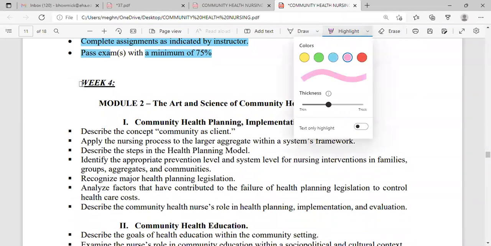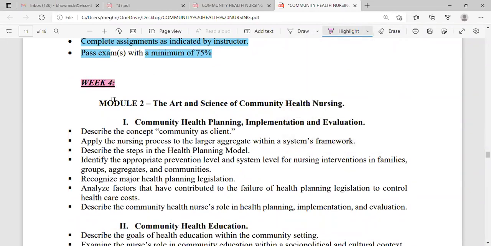Next, week 4, Module 2, the art and science of community health nursing. Part 1 and Part 2. Part 1: community health planning, implementation, and evaluation. Describe the concept of community as client.